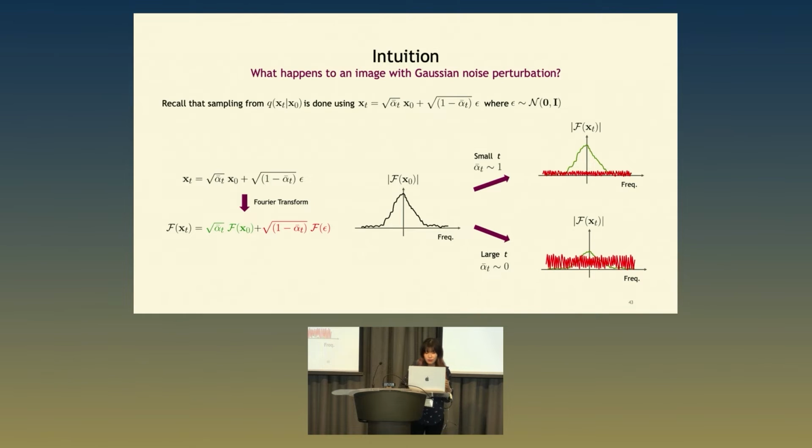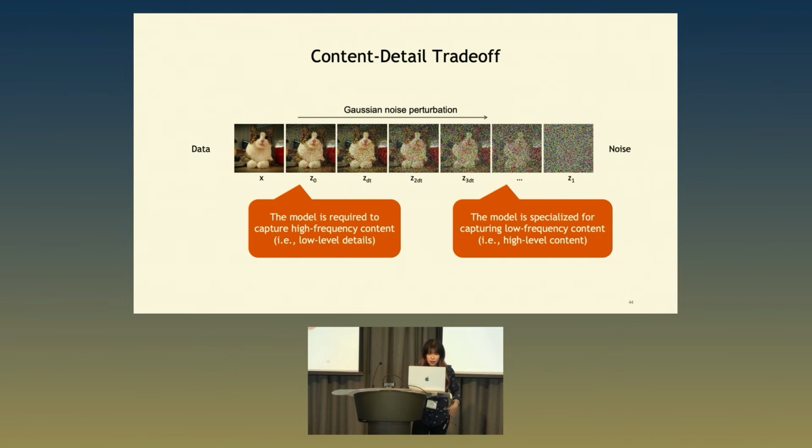However, as we add more and more noise, the low frequency components also become perturbed by the pure white noise. So as noise gradually increases, the high frequency components are perturbed faster compared to the low frequency content.